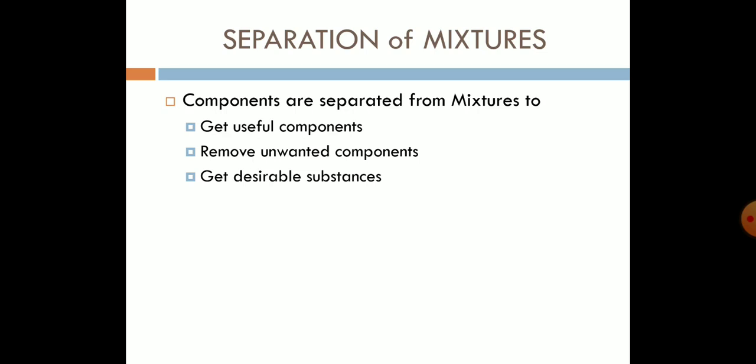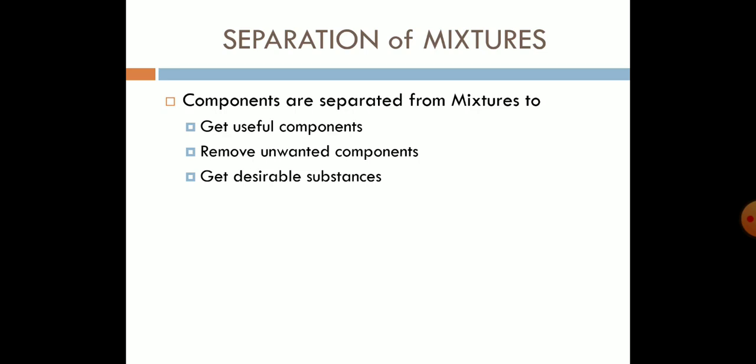First, for getting the useful components, take the example of tea. When you make tea, you put tea powder, milk, water and sugar all together. Now you get the useful component, the tea. Then you remove the unwanted components: you filter the tea so that the tea dust or the tea particles stay back, and only the liquid portion is the tea.